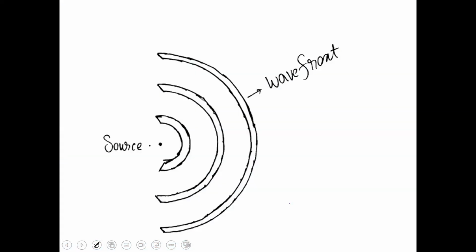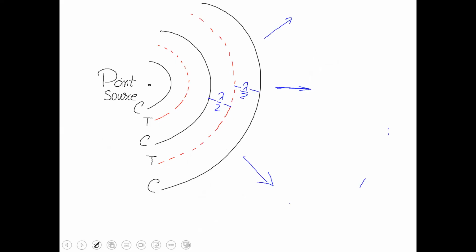In a concept base, this is a geometrical representation of a wave. Wavefront is like when we show the Wi-Fi signals on a mobile phone, there is an icon which is curves. So this is a geometrical representation of a wave. Like these are the geometrical representation of a signal.